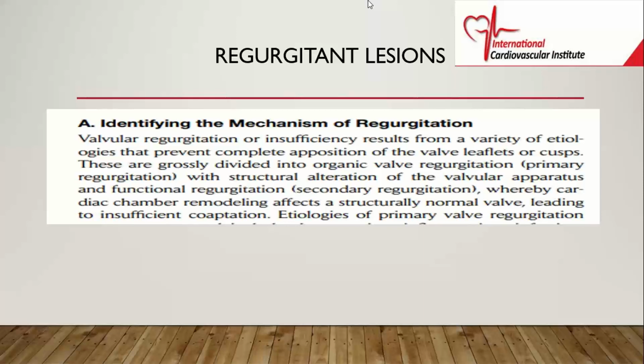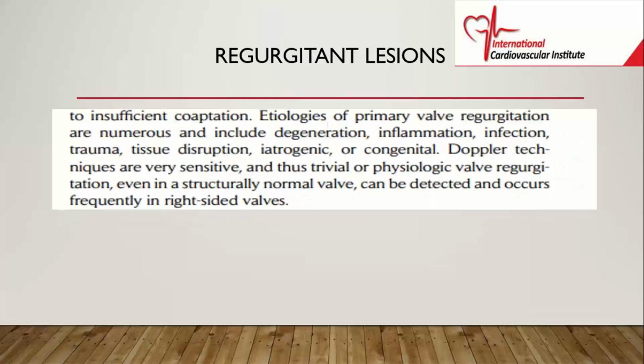So I think it's not a bad classification to talk about the valve itself causing the problem or the surrounding structure which caused the regurgitation. But it's important to identify the mechanism of the regurgitation. And the current approach is to identify the mechanism.